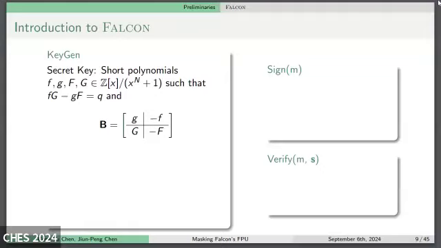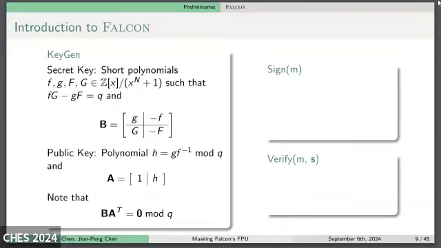The secret matrix B is formed by these four polynomials. The public key is a polynomial h, which is equal to g f inverse modulo the prime q. The public matrix A is formed by a constant polynomial 1 and the polynomial h. And you can check that BA is equal to 0 modulo q.